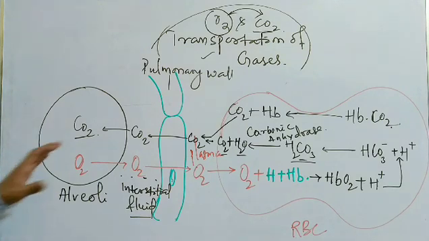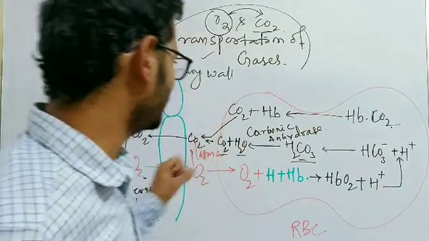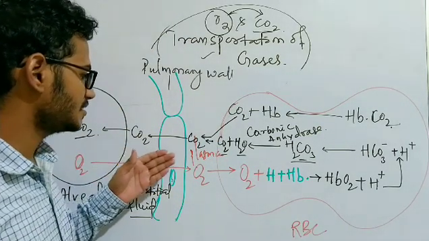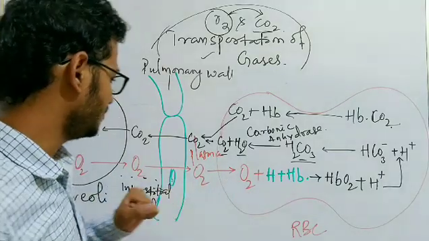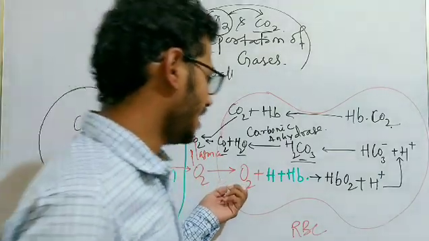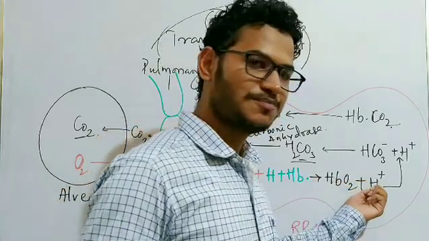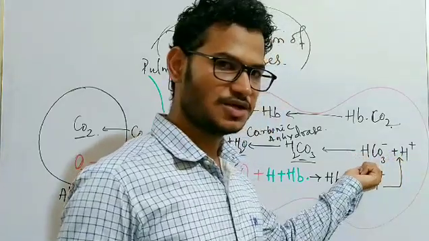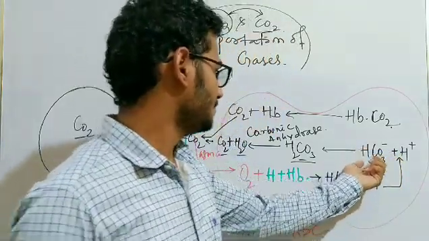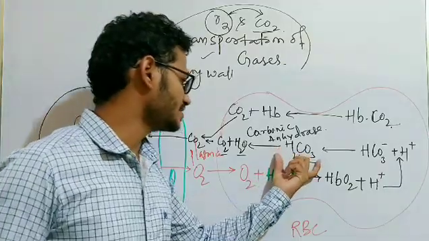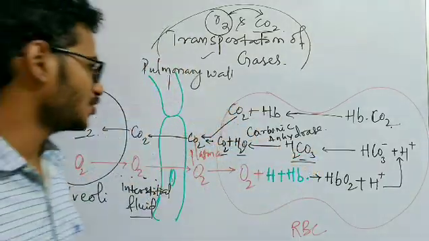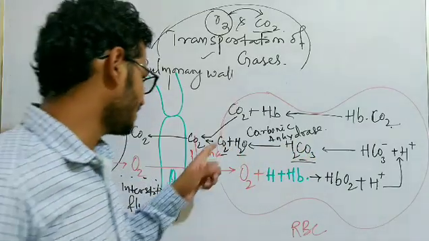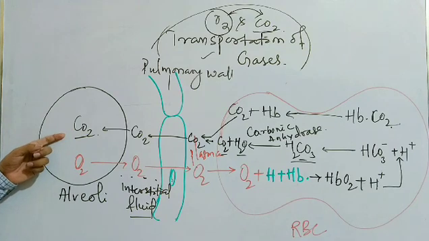Okay, so here this process is related with one another. When the oxygen is going to the blood, at the same time it helps in release of the H plus hydrogen ions, which bind to HCO3 minus, making it H2CO3, which in the presence of the carbonic anhydrase dissociates into water and carbon dioxide, which comes to the alveoli.